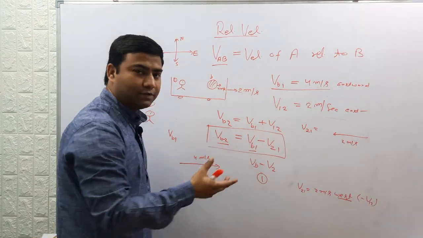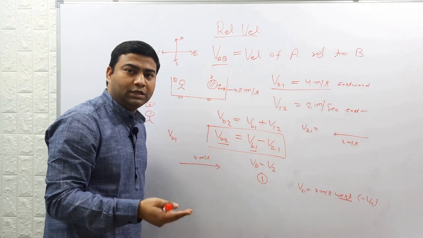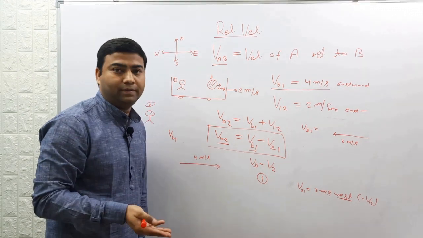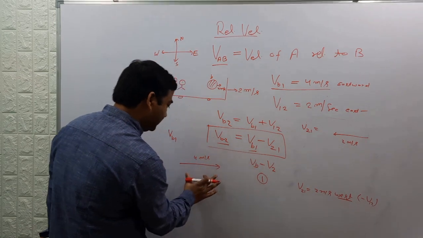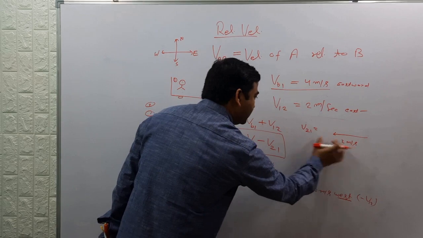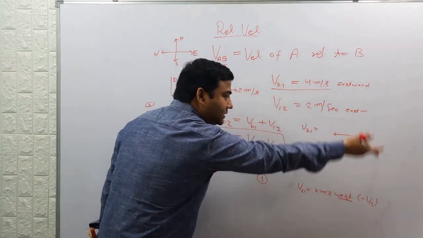To reduce a vector, we know that we can simply add the opposite of that vector. V1 is this vector, minus V21. V21 is this vector. To reduce it, we have to reverse that vector.